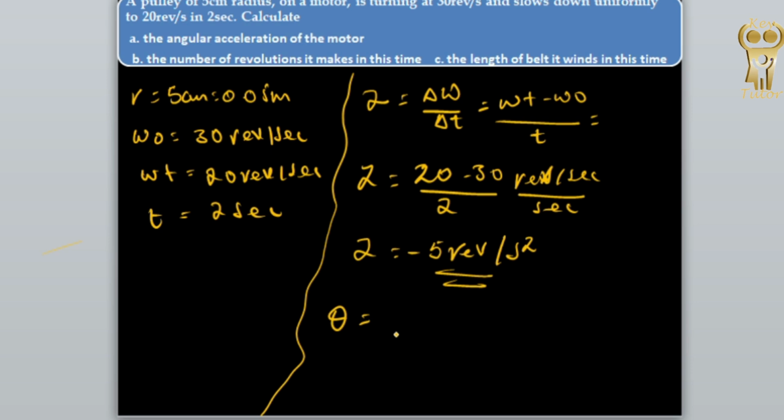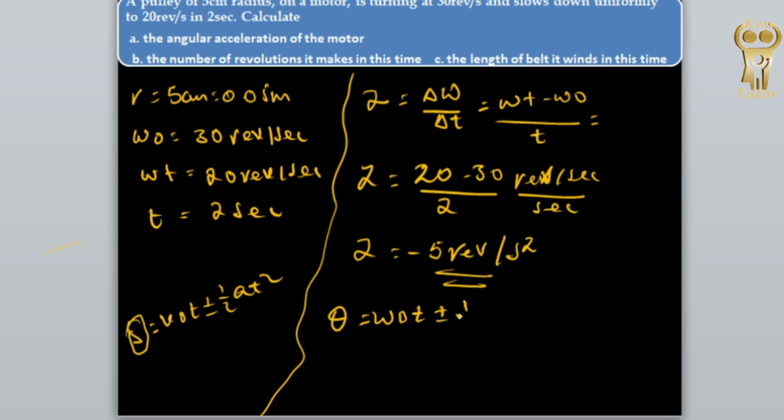We have to use the uniformly accelerated motion equation, which we saw in part 1 with vertical projection. You remember the formula s = v naught t plus or minus 1/2 a t squared for straight line motion. In rotational motion, s is theta, v naught is omega naught, and time is time, so theta = omega naught t plus or minus 1/2 alpha t squared. The angular acceleration has been calculated and time is known, so theta is given by substituting omega naught, which is already given. The numbers are not difficult, so you can do it yourselves.